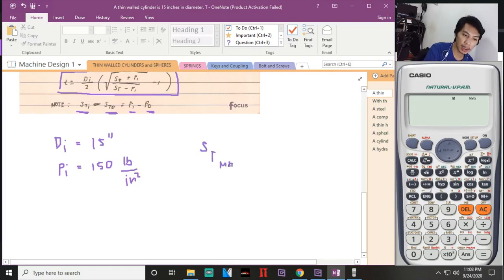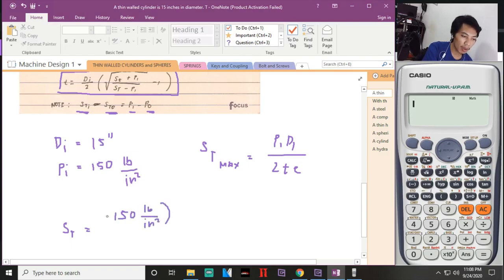Now, that is the maximum ST max. Okay? That is given by the formula Pi D over 2T E. Yung E, tignan natin, may binigay pa siya. So, wala siyang binigay, as is, that is 100%. So, we multiply that with 1. So, ST is equal to Pi, that is 150 pound per inch squared, you multiply it with 15 over 2 times 0.125 inch.